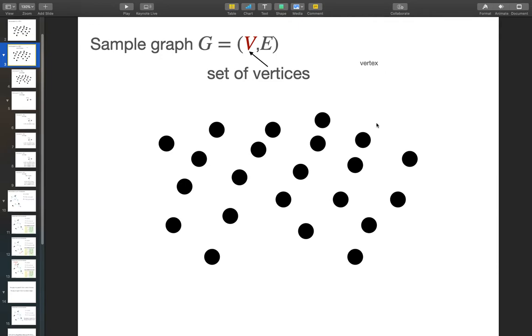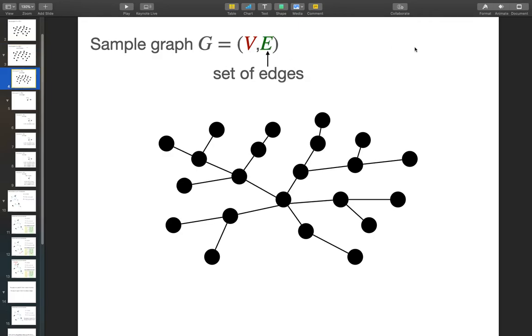The dots are also called vertices, and the singular form is called a vertex. The connections are also called edges. The singular form is an edge. So that's it. A graph is a set of vertices and a set of edges. But we have more terms coming up.